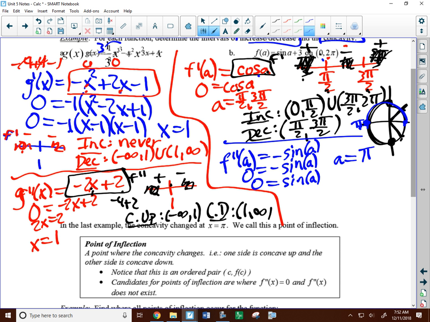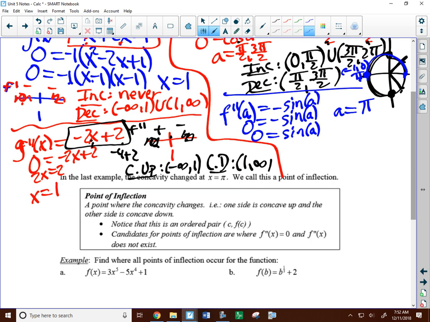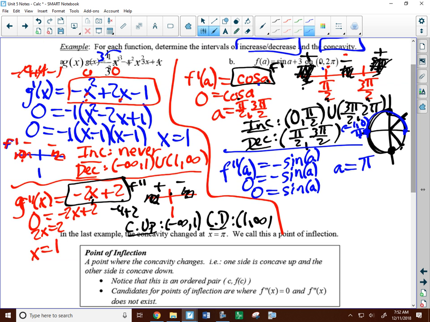That's where sine, the y value, is 0. Well, it would be -1, 0. So we're just going to do pi. Why is 0 not included? It's not in the interval because it's a parenthesis instead of a bracket. It also doesn't include it. Right. So we don't include 0 or 2 pi, just pi.